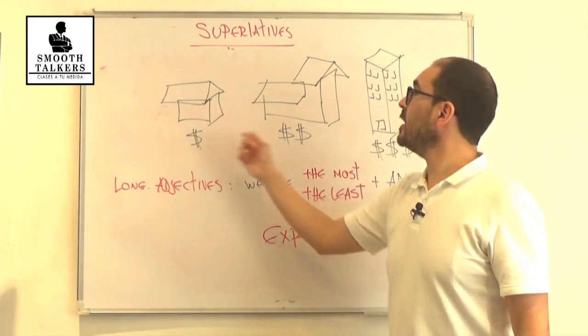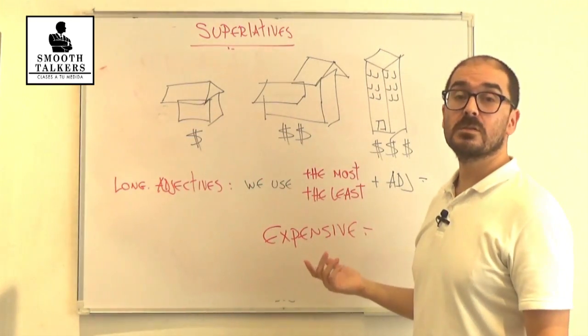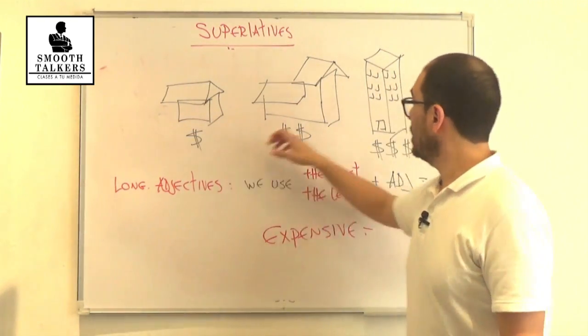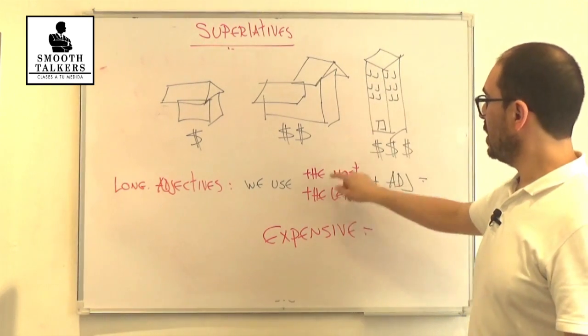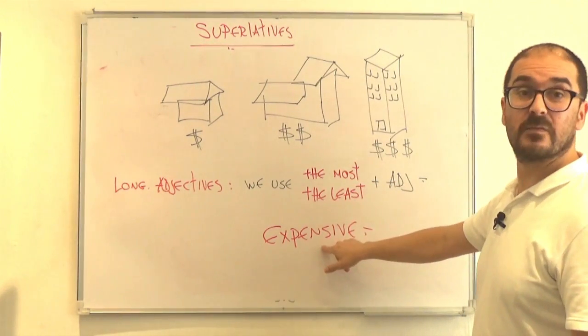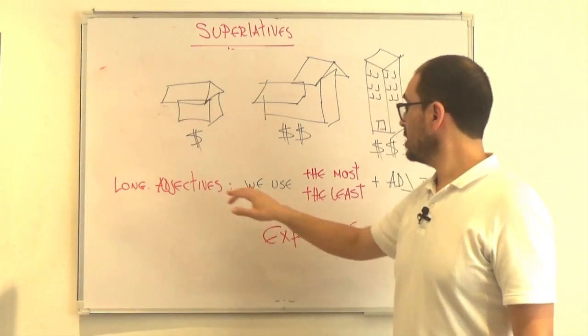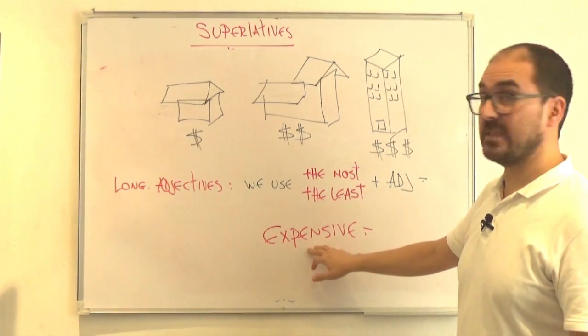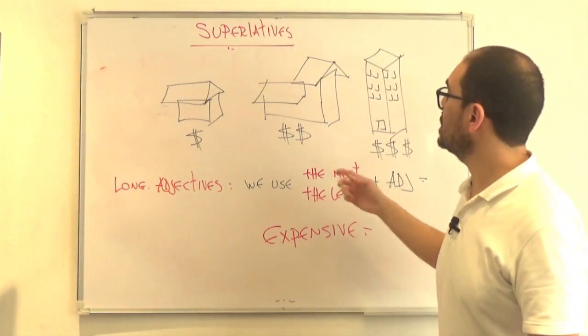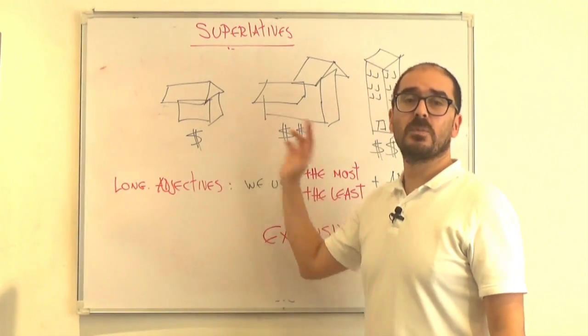If we want to compare the three items at once, we can say this. The building is the most expensive. And the house is the least expensive. Of course, this is open for multiple comparisons.